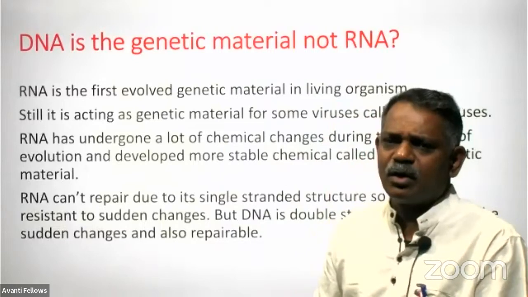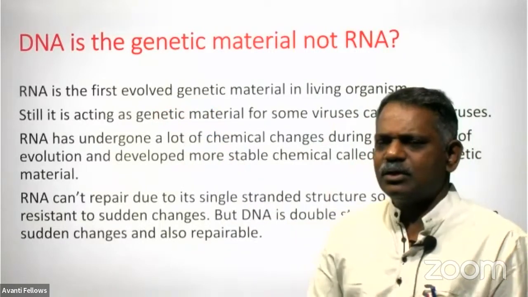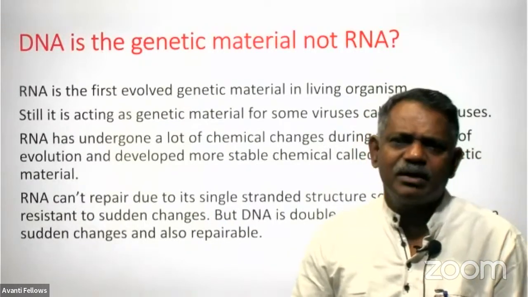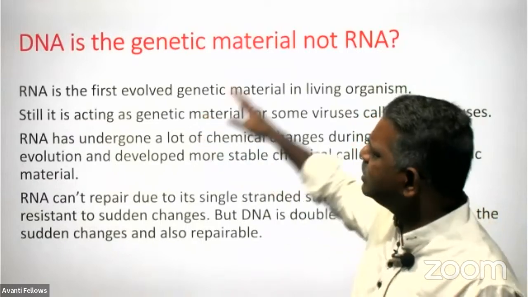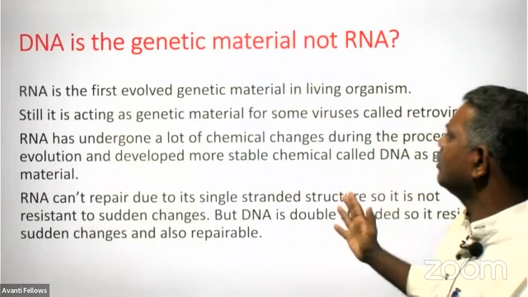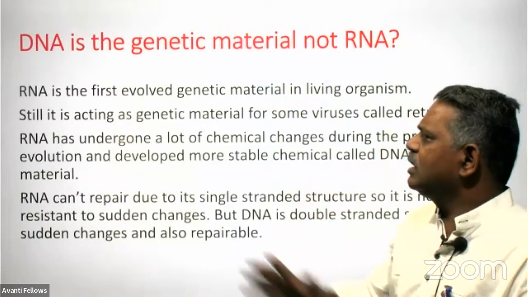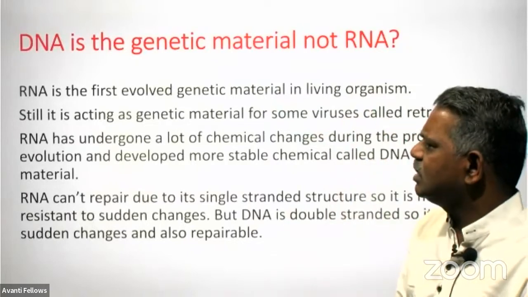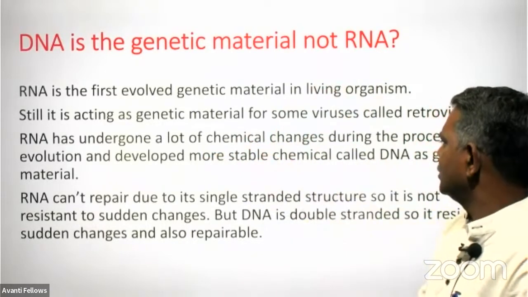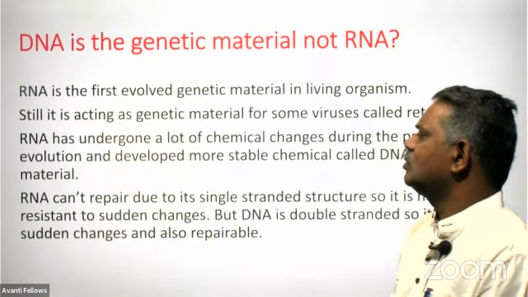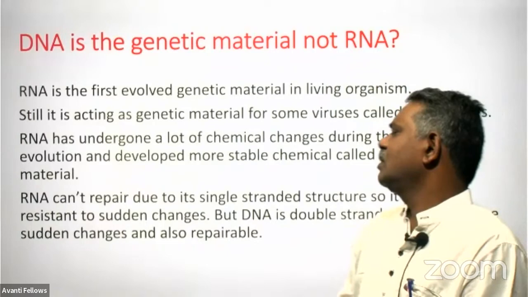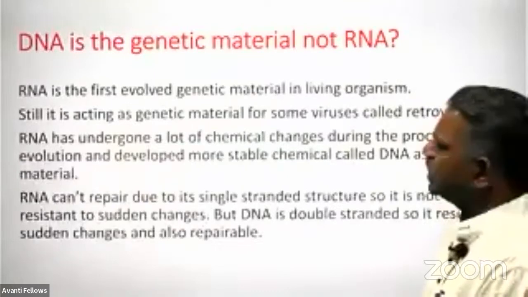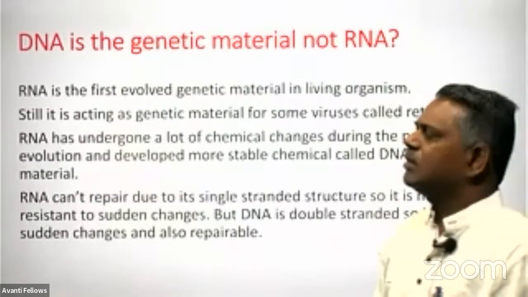In the case of retroviruses, as I told you, there is no DNA. So naturally, the RNA only acts as the genetic material in their body, in retroviruses like the AIDS virus. And RNA is the first evolved genetic material, no doubt, in the living organism. Still, it is acting as a genetic material for some viruses, like retroviruses. And RNA has undergone a lot of chemical changes during the process of evolution and developed a more stable chemical called DNA, and that only acts in most individuals as the genetic material.